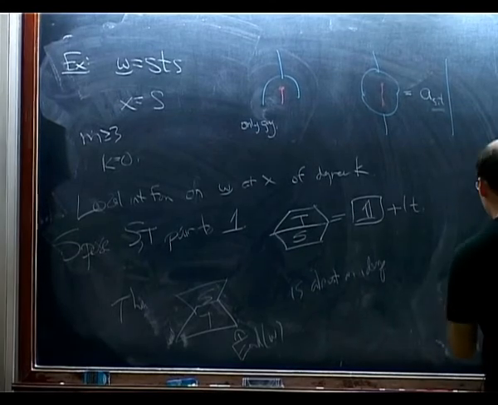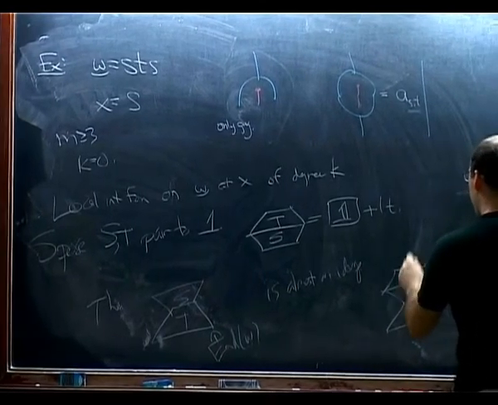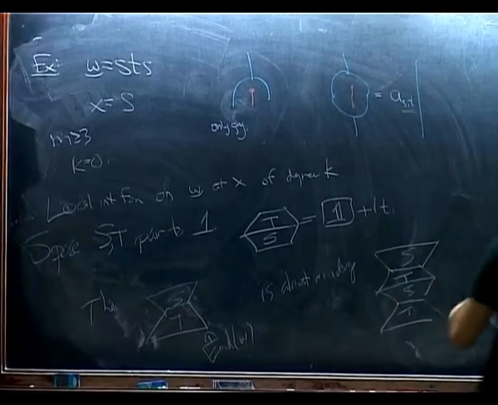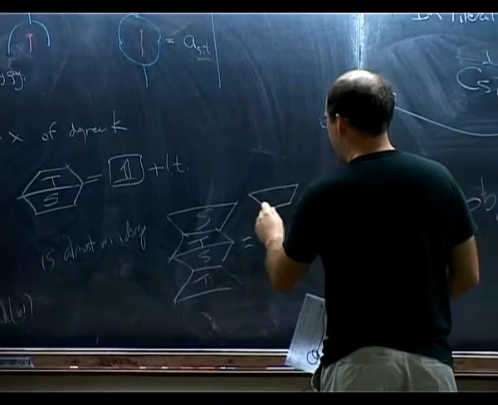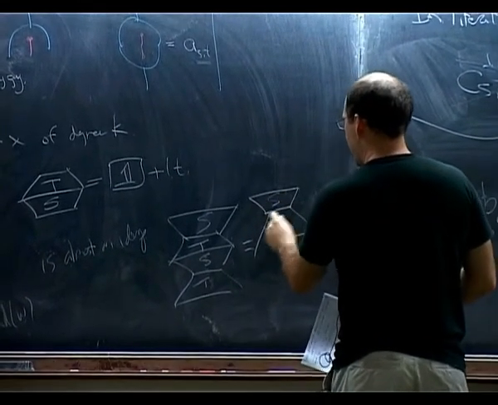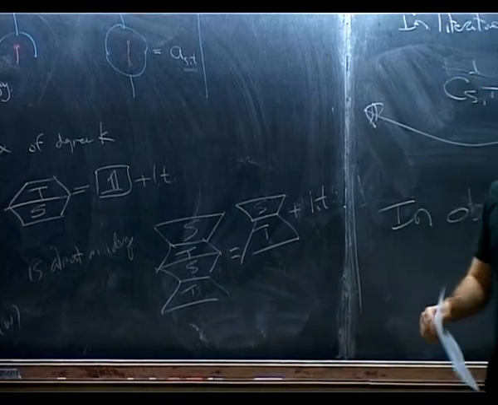Okay, so if we did it twice, then this part in the middle is just the identity plus things that factor through lower. Okay?